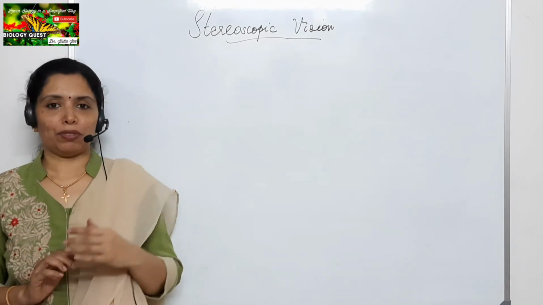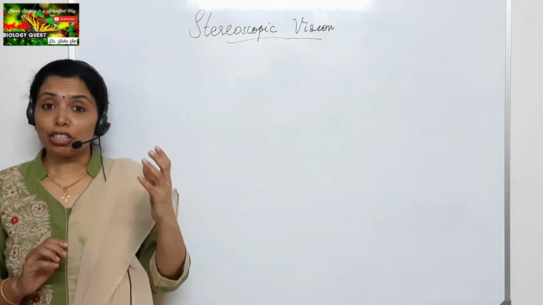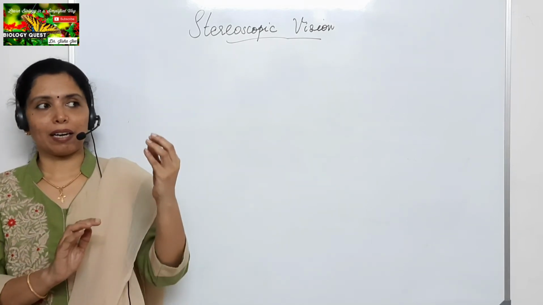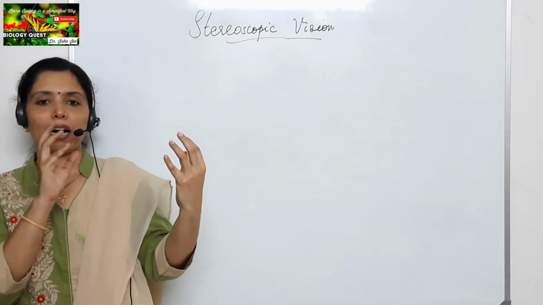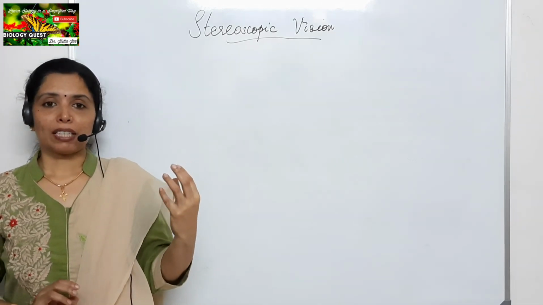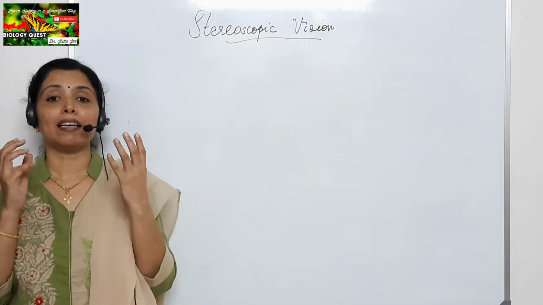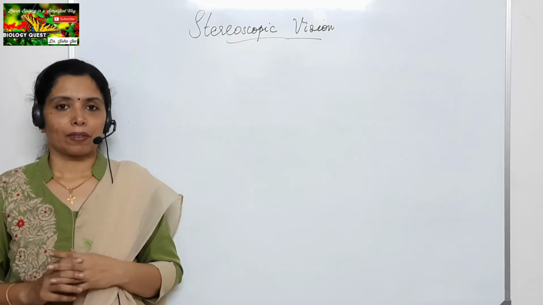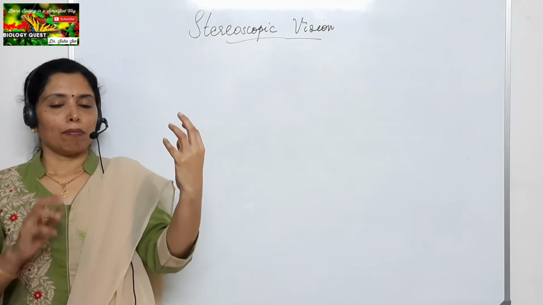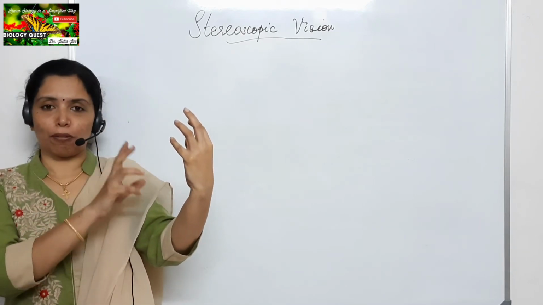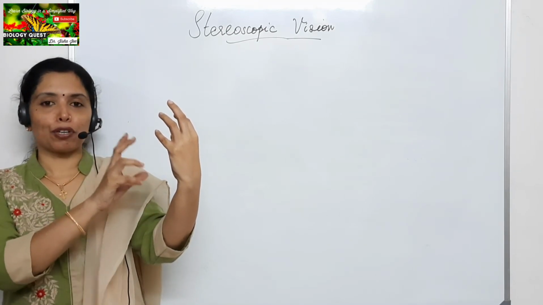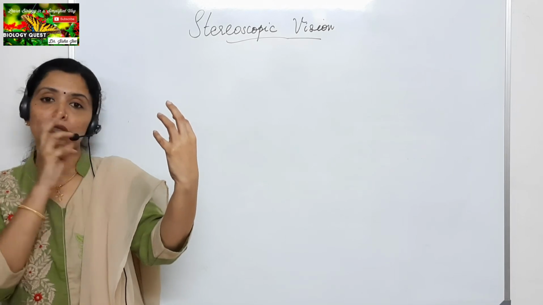When we are looking at an object, both our eyes are viewing that object, and the image of the object is produced in both our eyes.